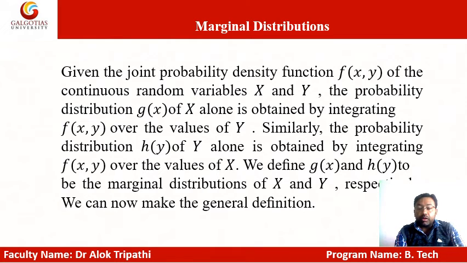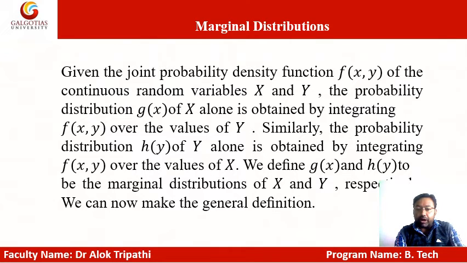We shall integrate f(x, y) over the values of y. This will give us the probability distribution for the random variable x. Similarly, if we want to find the probability distribution for y alone, then we shall integrate f(x, y) over the values of x.